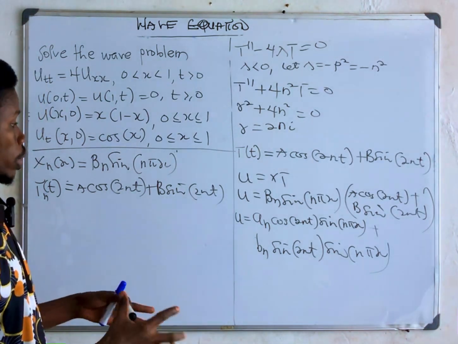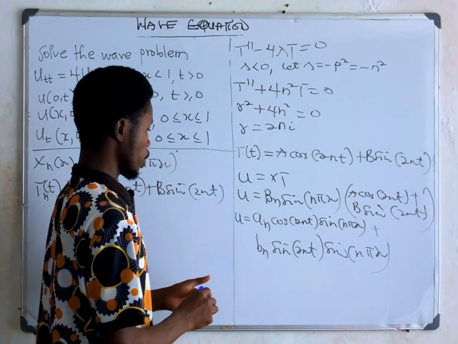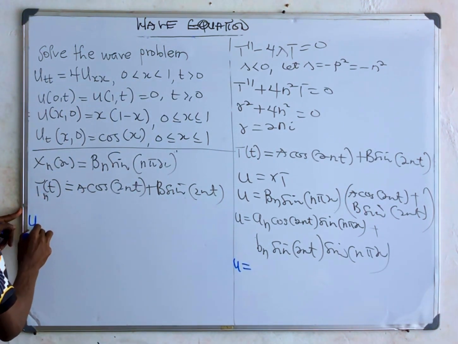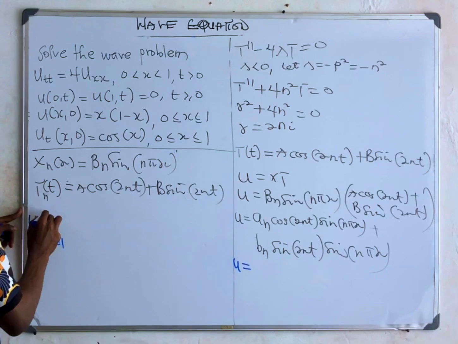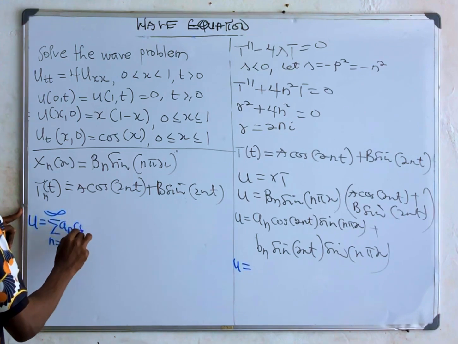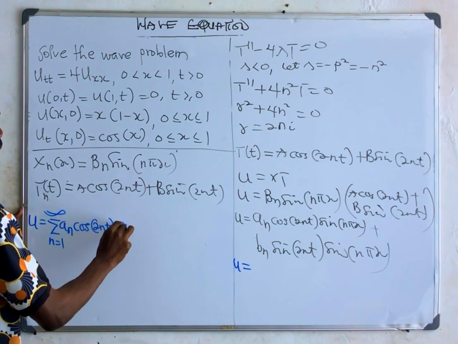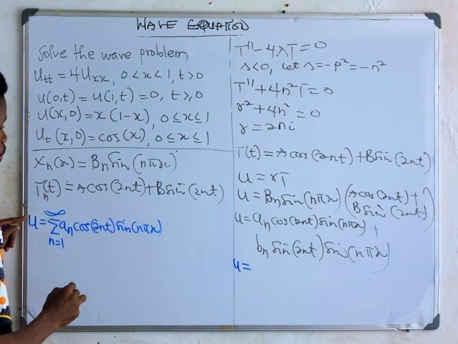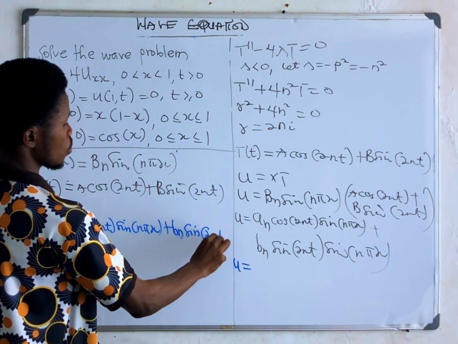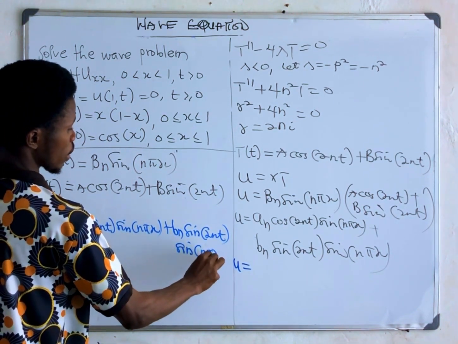And I said that you can put this together using the summation, because you know that n is the sum from 1 to infinity. So let me use blue pen here. I'm going to have my u equals, let me write it here directly. u is going to be the summation from n equals 1 to infinity of An cos 2nt sine n pi x plus Bn sine 2nt multiplied by sine n pi x.